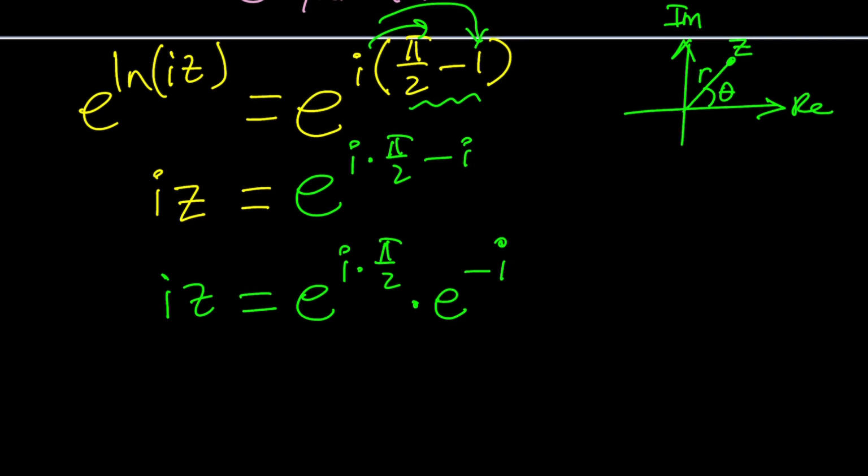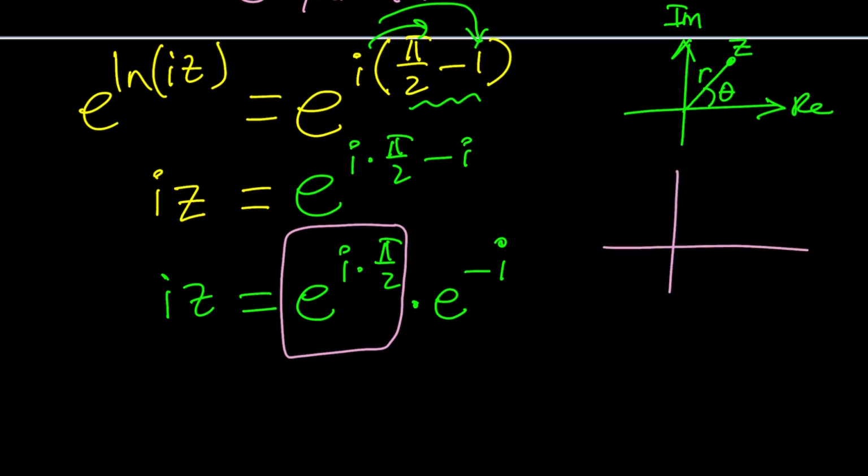Awesome. Now here's the fun part. What is e to the power i pi over 2? Think about it. We just talked about it, right? If theta is pi over 2, then you are on the imaginary axis right here. There's no number in front of e to the i pi over 2, so the modulus is 1.